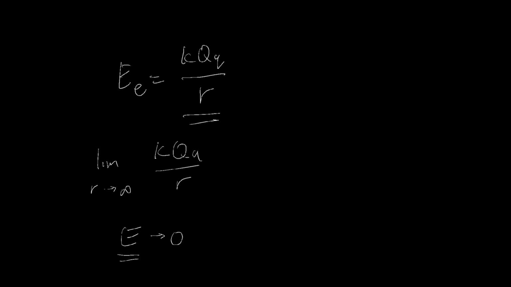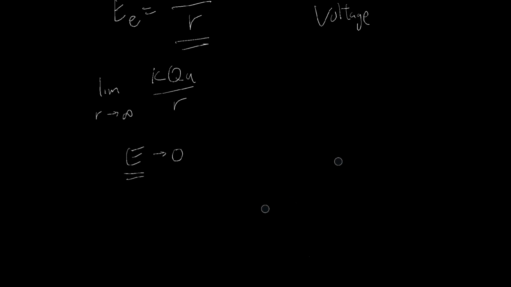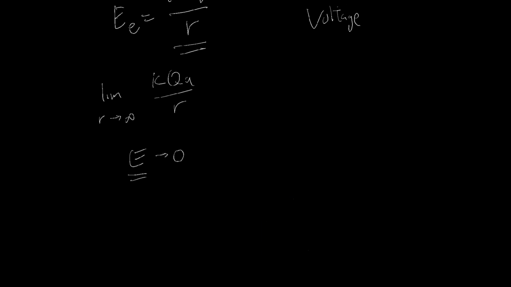So if this is electrostatic energy, then what about electric potential, also called voltage? This can be explained similarly to how we explained the electrostatic force and electrostatic field strength.